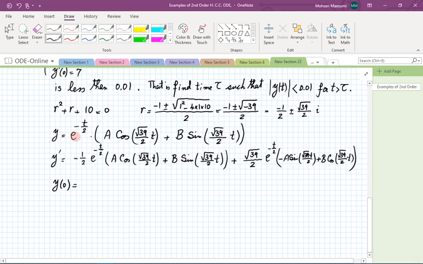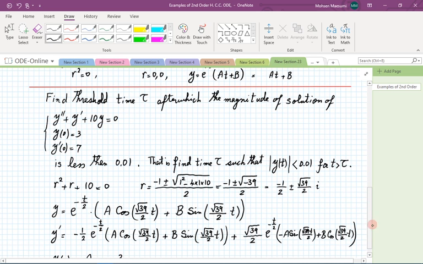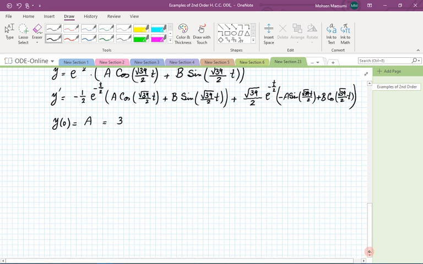On the other hand, exponential of 0 is 1, cosine of 0 is 1, sine of 0 is 0. So y(0) just boils down to a. That should give you clues how to make a shortcut for yourself. y(0) is just a, and y(0) was given to us as 3 originally. So the initial position 3 is used here.